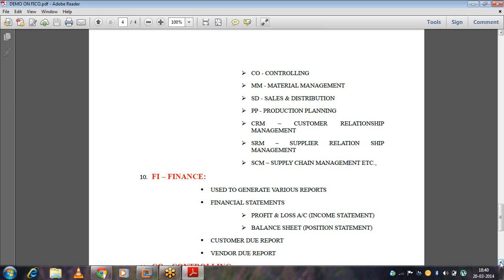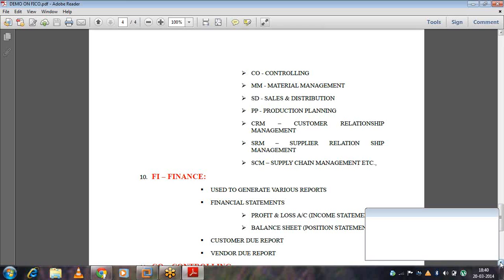Any organization which wants to use SAP for automating its business processes must implement the finance module. Therefore, persons with knowledge of the SAP finance module are highly paid and in high demand compared to other professionals.